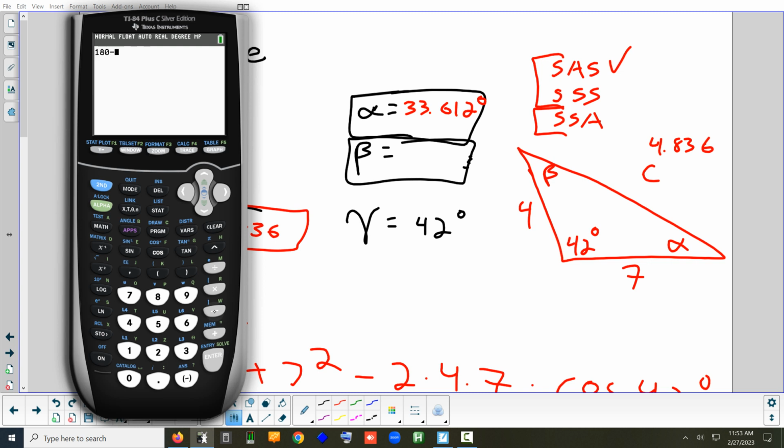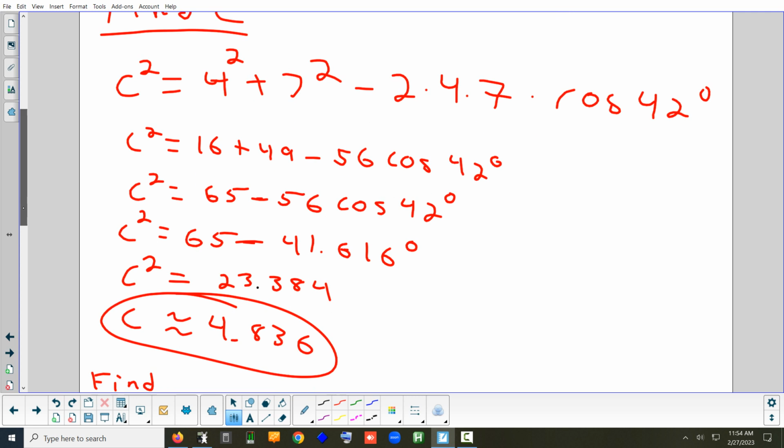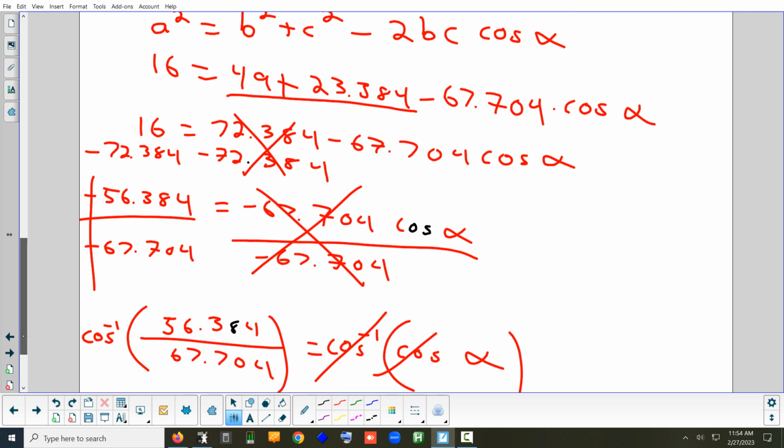What's 33 and 42 add up to? 75.612. 104.388. And that's a law of cosines problem. That's probably the harder of the two types because you had to do one where you had to find a side, and then one where you had to find an angle.